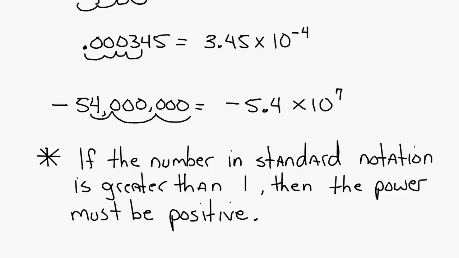If your number is a decimal that you start with, it's less than 1, you've got to have a negative power. If the absolute value of the number you start with is greater than 1, you've got to have a positive power.